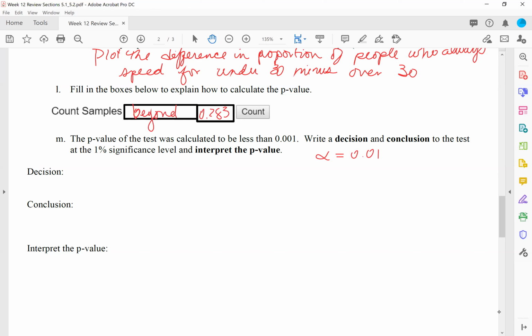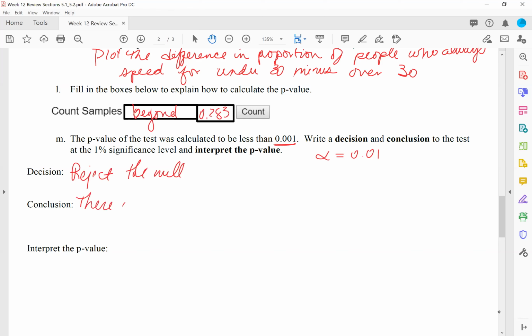Okay, so our decision is to reject the null because that p-value is less than the significance level. Do we have strong evidence or weak evidence, moderate? How much evidence do we have? Strong. Yep, we have a really small p-value.